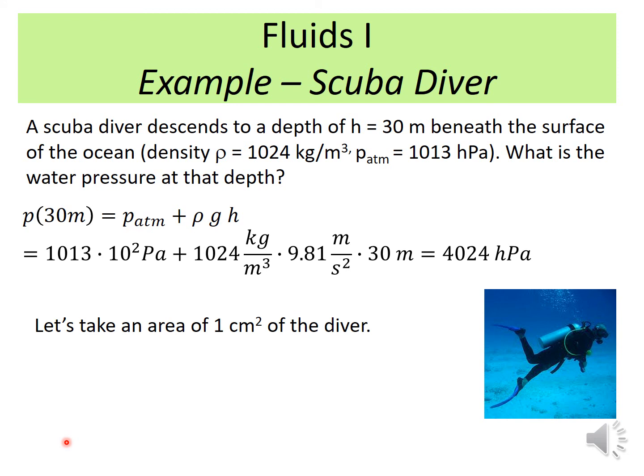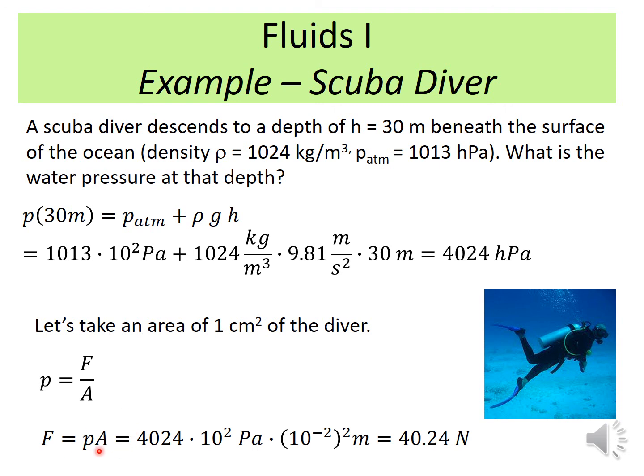Now we can have a look, when we look at 1 square centimeter of the diver's surface, how much force is acting on 1 square centimeter of the diver's body. So we take the pressure definition equation into consideration, solve with respect to force, and then put in what we have just calculated.